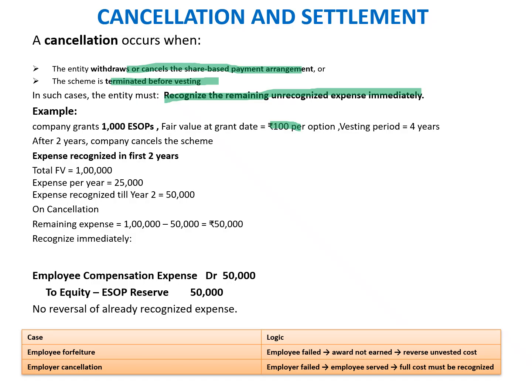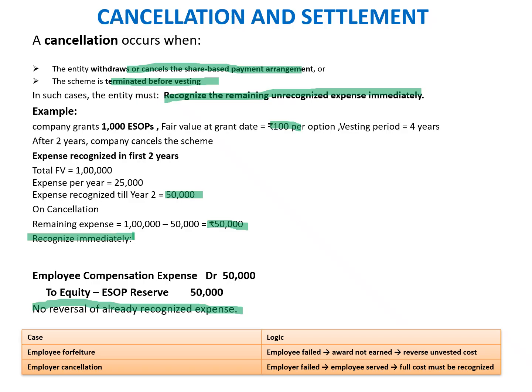The expense recognized in the first 2 years is 50,000. The unrecognized portion is 50,000. Whenever this cancellation happens, we have to recognize this another 50,000 immediately in that year. So it would again be employee compensation expense to the equity ESOPs, and no reversal of the already recognized expense, because that amount has already been provided as part of the service by the employee.